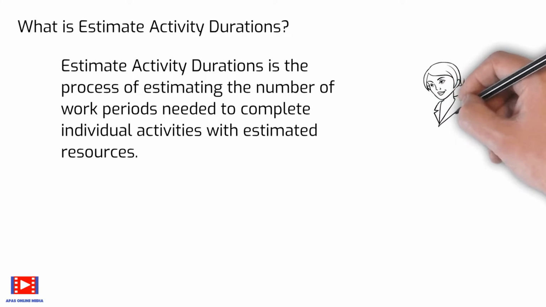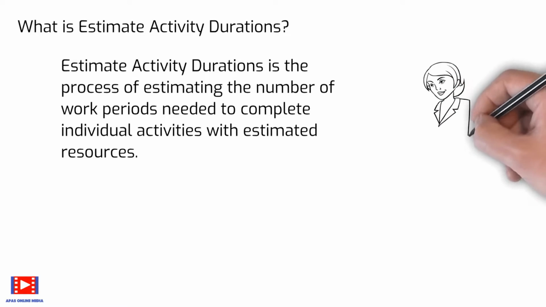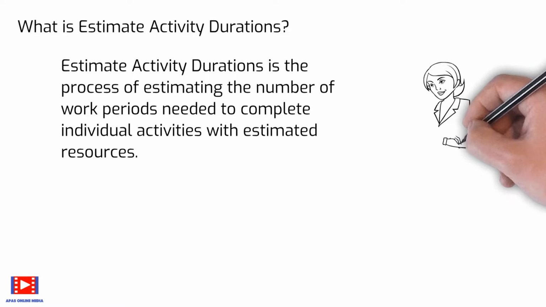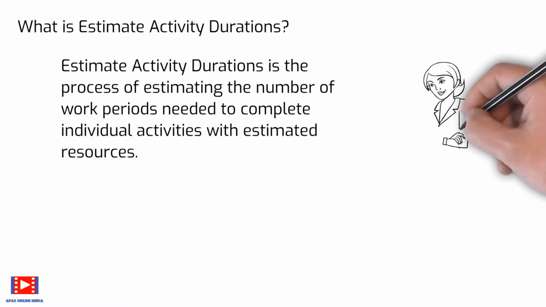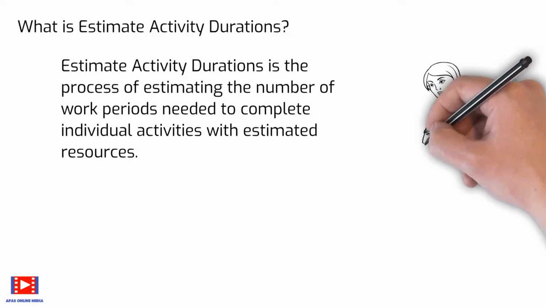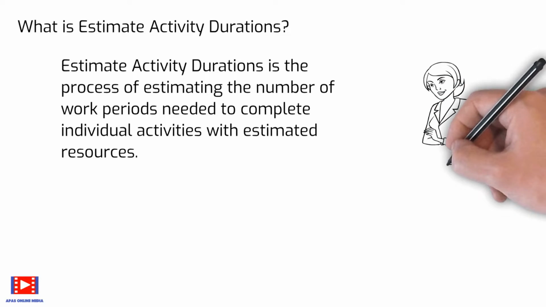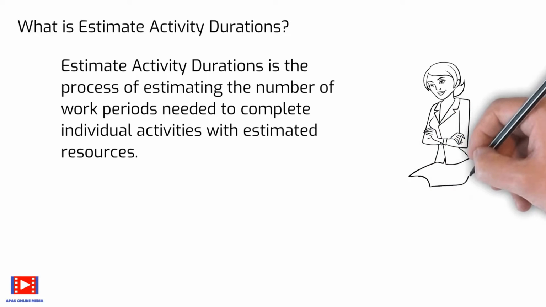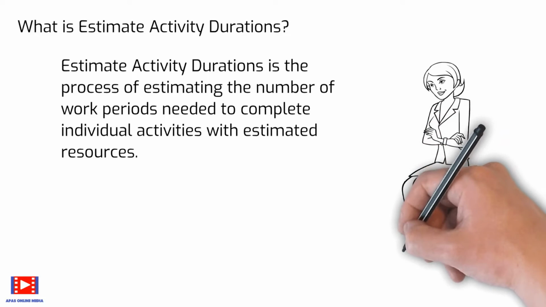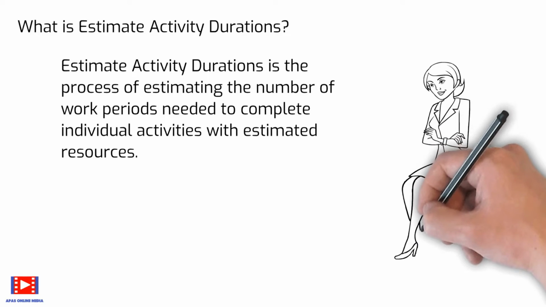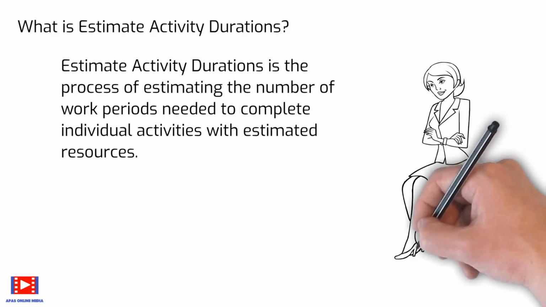Estimating activity durations uses information on activity scope of work, required resource types, estimated resource quantities, and resource calendars. The inputs of the estimates of activity duration originate from the person or group on the project team who is most familiar with the nature of the work in the specific activity.